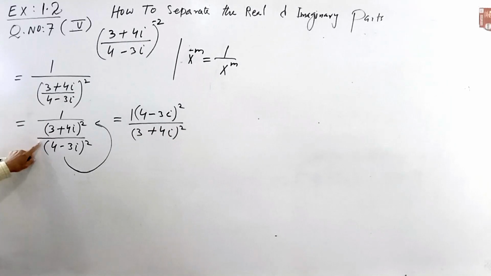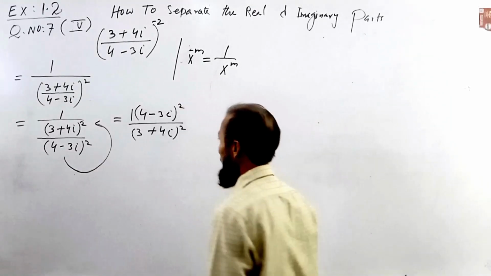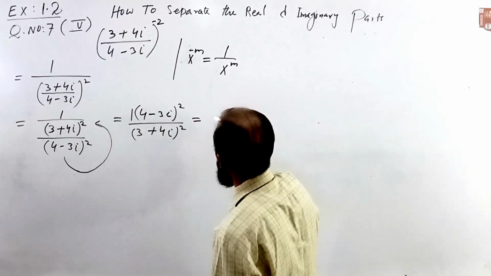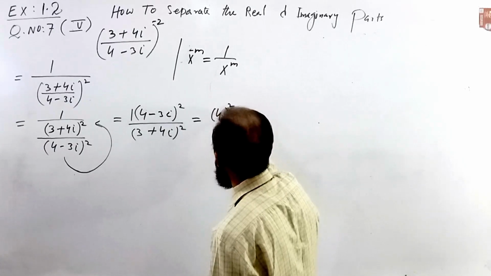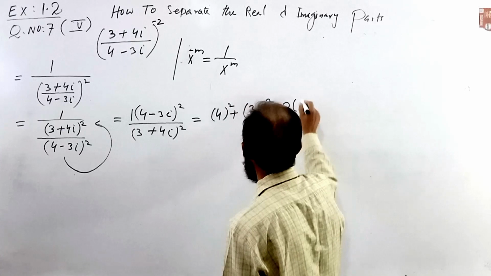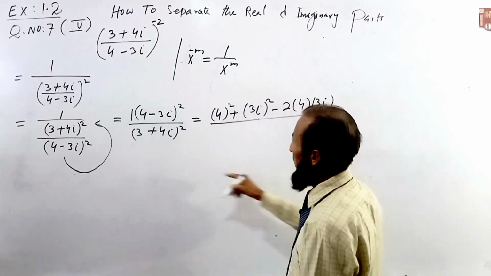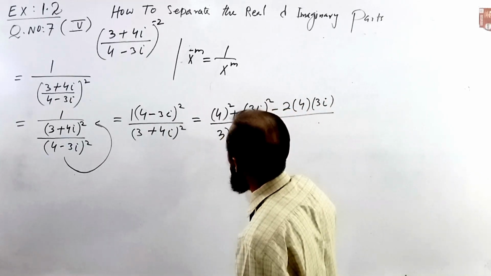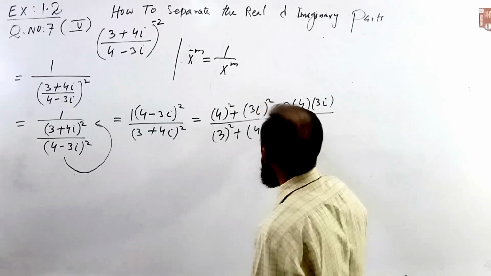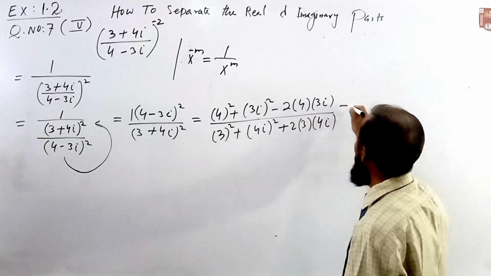Here is the double division. We change the denominator to the numerator, so in this result the (a - b) whole square formula is used: a square plus b square minus 2ab, divided by the (a + b) whole square formula: a square plus b square plus 2ab.